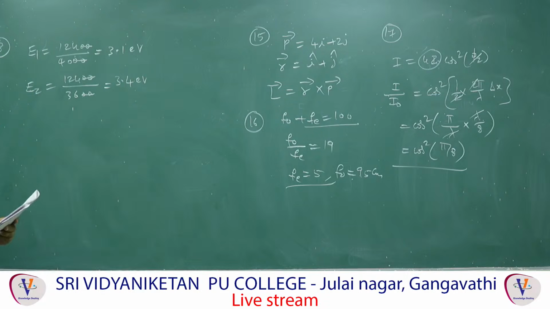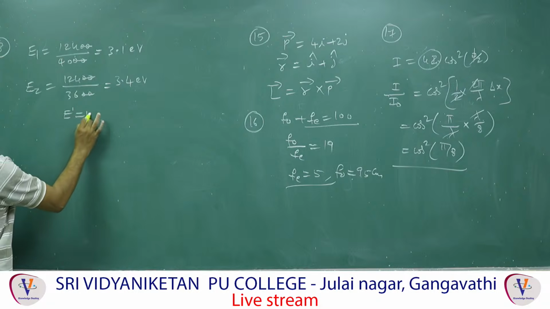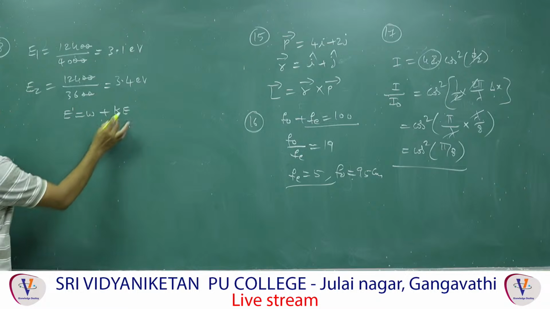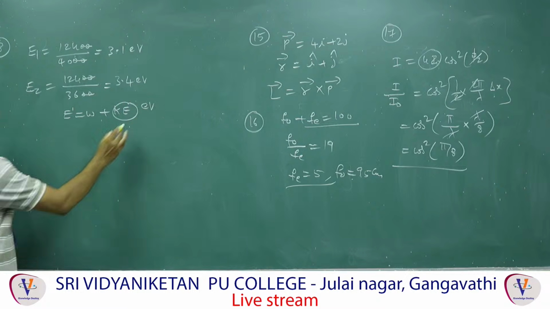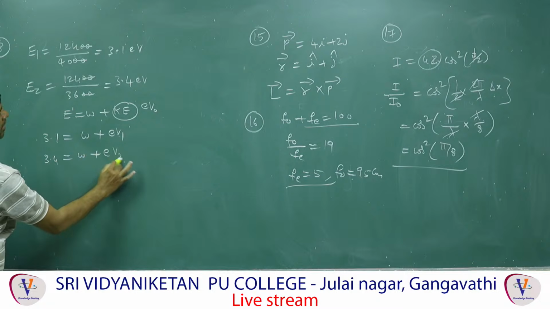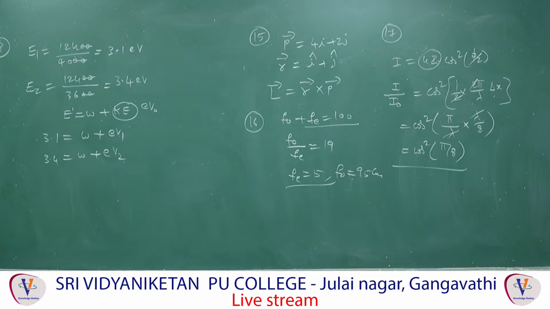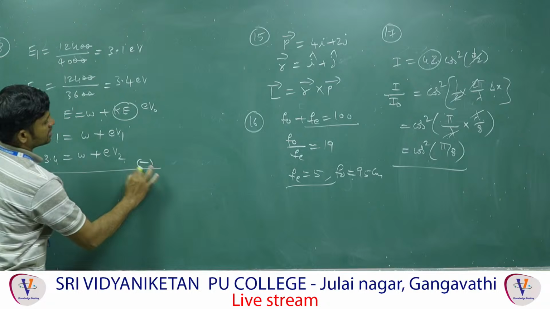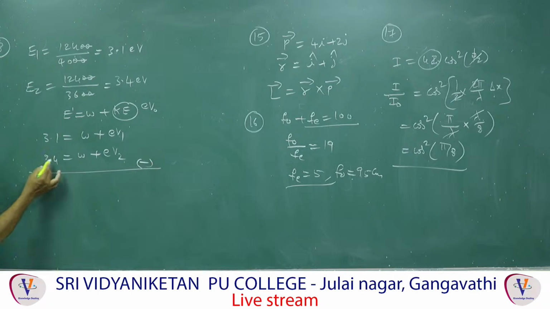Okay, so it is asking the difference of the stopping potentials. Already we know that incident energy is equal to work function plus kinetic energy. This value is also written as charge into stopping potential. What is the incident energy? In the first case 3.1, work function EV1. In the second case 3.4, work function EV2. Take them minus: 3.1 minus 3.4 is minus 0.3.